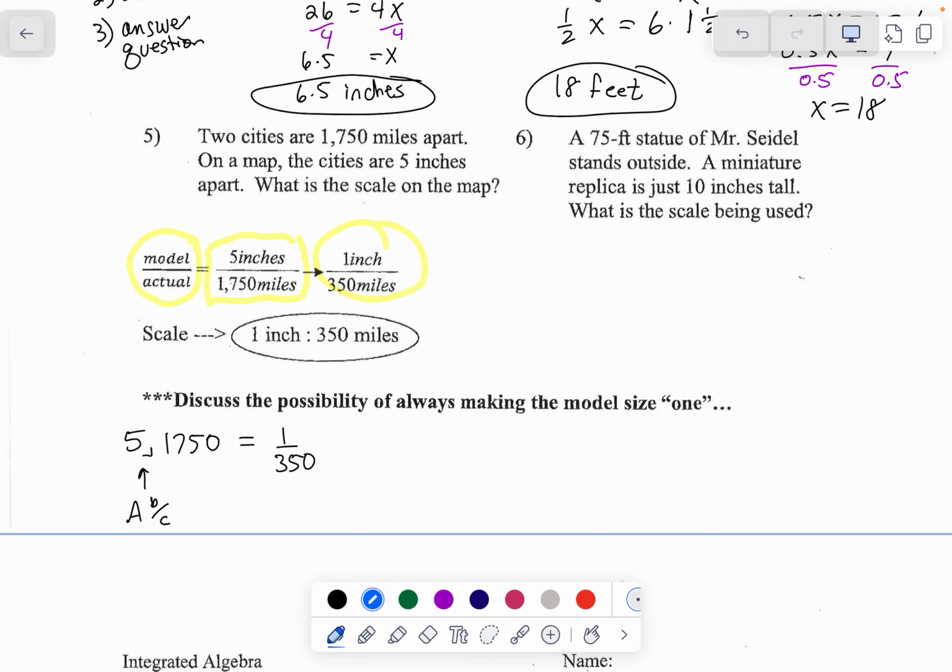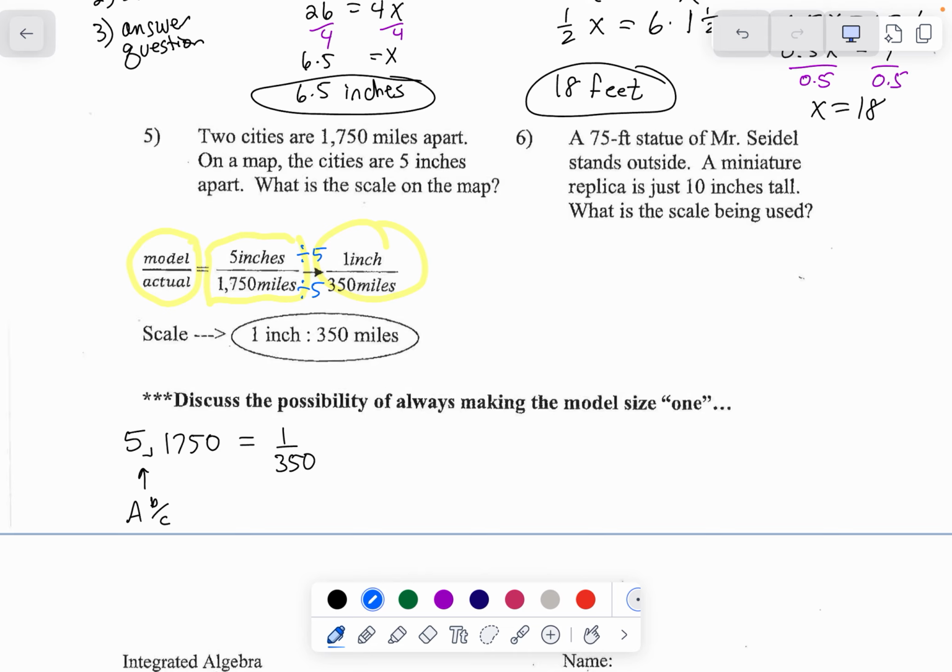So technically, all they did to get that reduced version mathematically was to divide the top and bottom by the common factor of 5. That's all they did. Now, the ABC button on the calculator does that. So if you use the division button instead, it's going to give you a decimal. But if you use the 5 ABC button, 1750, and hit equals, it will give you the reduced fraction every time. So that's a good one to use in this particular case, okay?